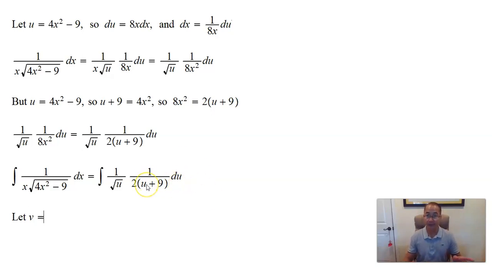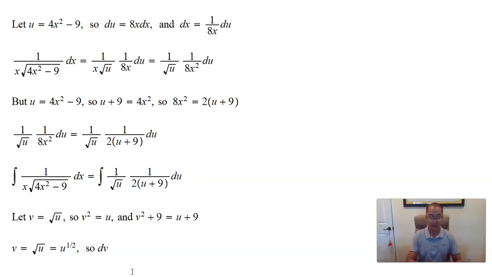u is the square of the square root of u, right? So v squared is u, and we want u plus 9, so v squared plus 9 is u plus 9. So this becomes something familiar, v squared plus 9, but what about the 1 over square root of u? Check it out. If v is square root of u, which of course is u to the 1/2, we still need dv.